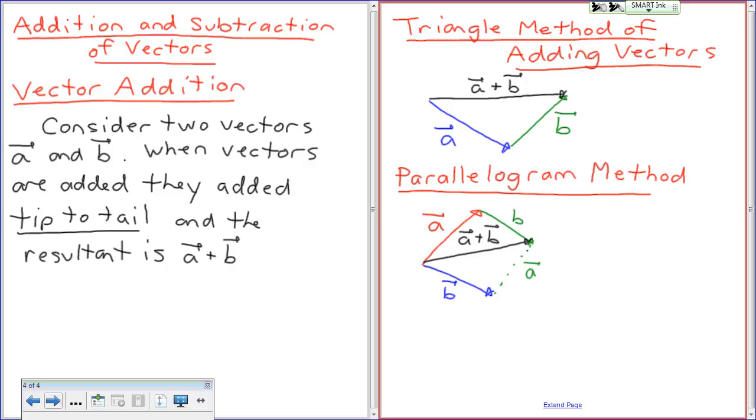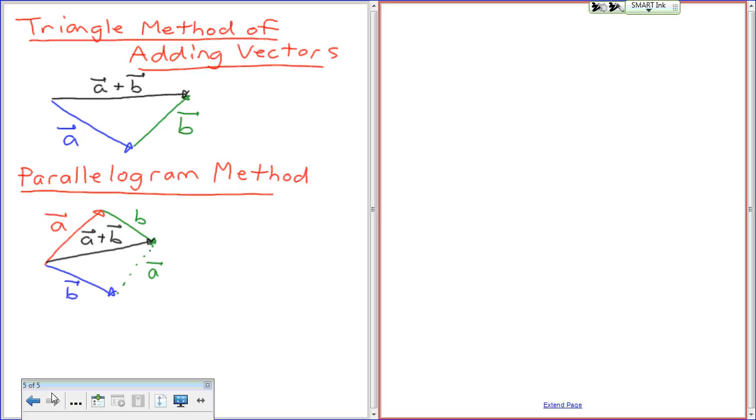Here we go, subtracting vectors. This is fast.